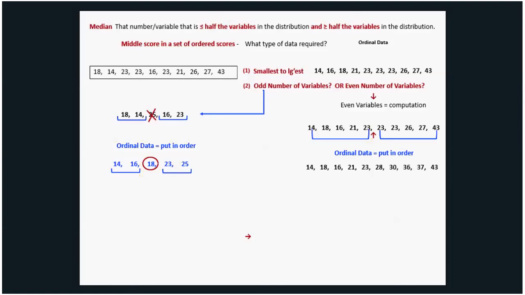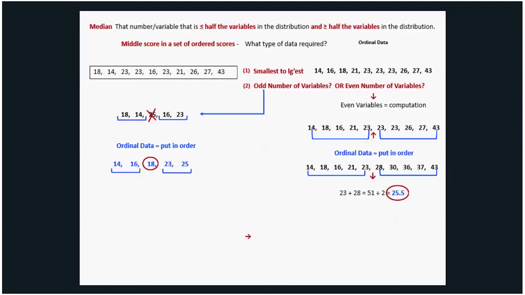So we have to take this distribution, all of these variables, and once we put them in order, we go, okay, there's 5 on this side and 5 on this side. So my median is going to fall somewhere in between here. This is where you have to take your 23 plus 28 equals 51, divided by 2. My median is going to be 25.5. That's what I'm going to be looking at for my median.